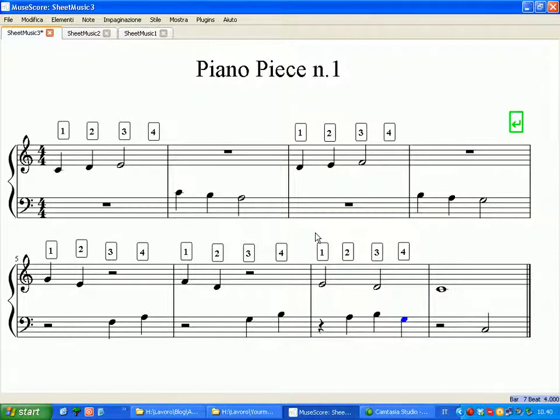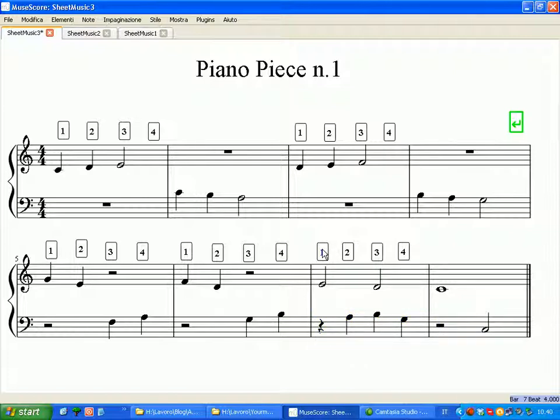So what can we say now? We can see that in every piano sheet music there is a precise correspondence between the beats of the right hand staff, this one, and the beats of the left hand staff. We could say that there is a vertical correspondence.